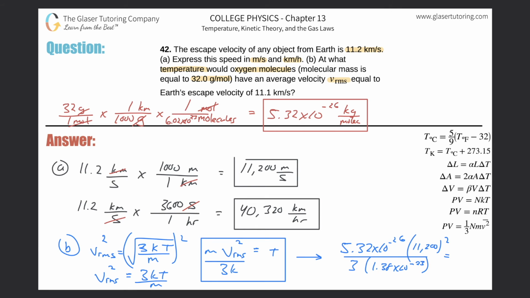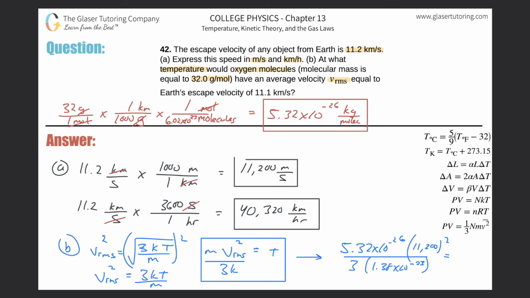And we will get our answer. So I'm going to use this exact value here for the mass, multiply that by 11,200 squared. Divide that by, in parentheses, 3 times 1.38 times 10 to the minus 27. Not 27, sorry, 23. Whoops. And hopefully I did that all right.